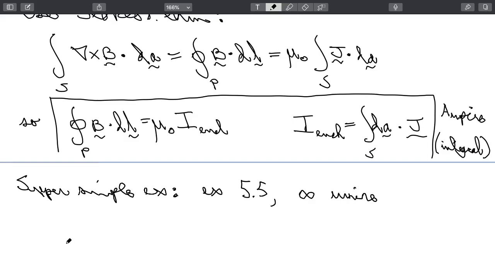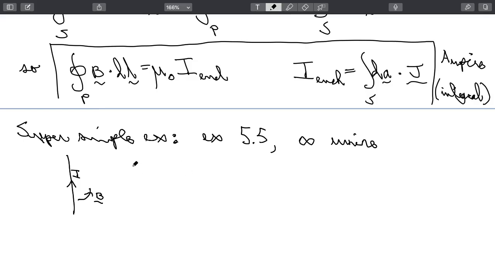I've got my wire here. The wire carries a current I. What I expect is that the B field is going to be circumferential like this.